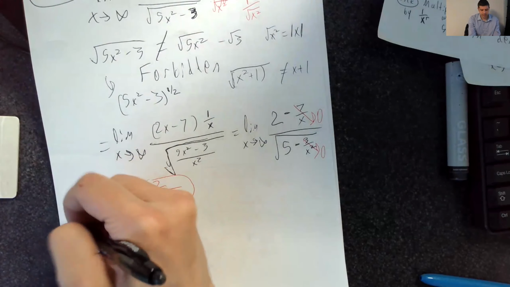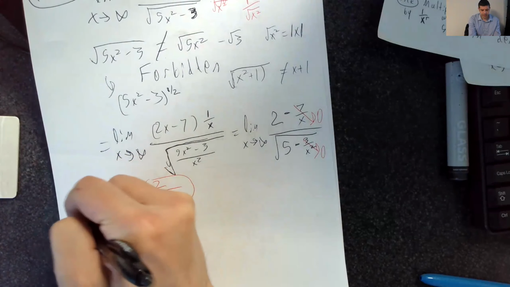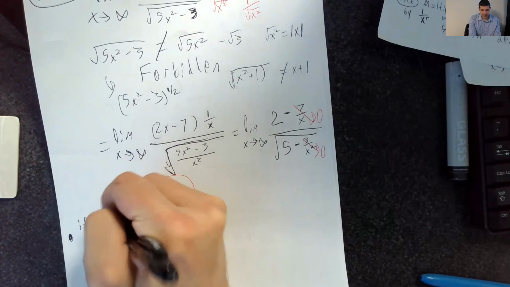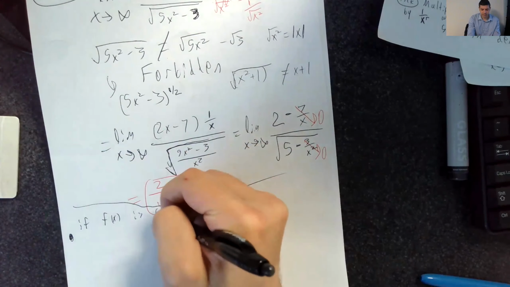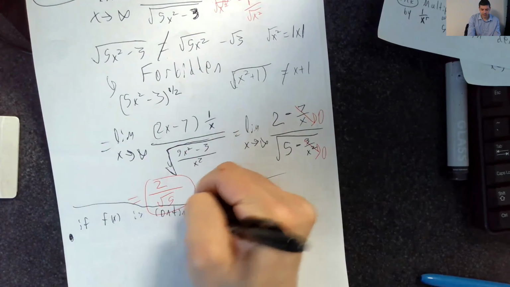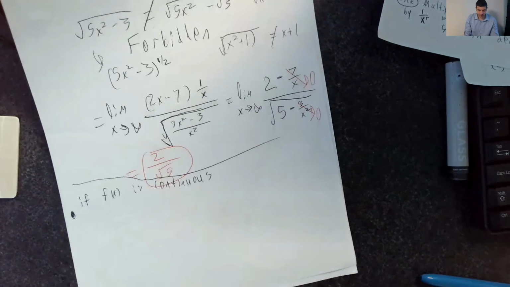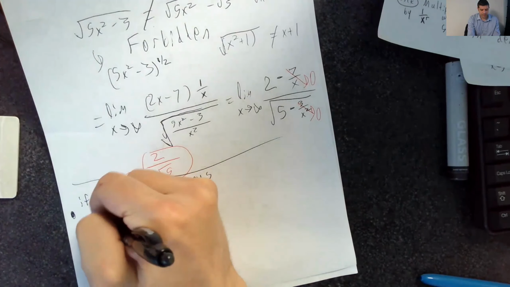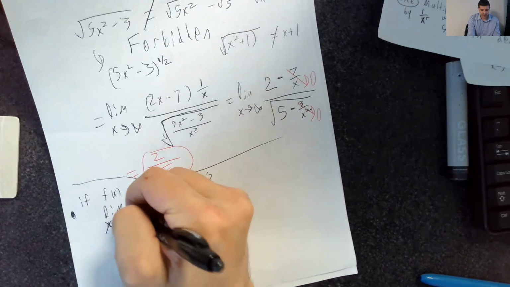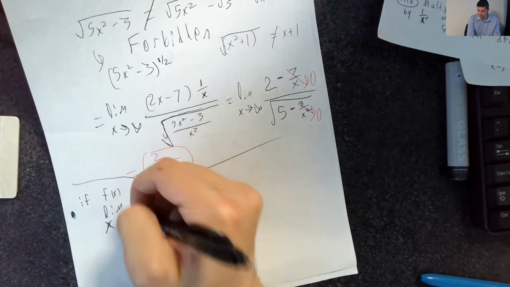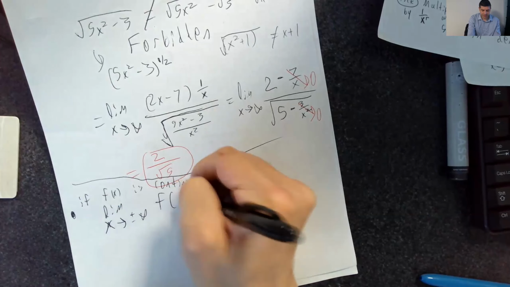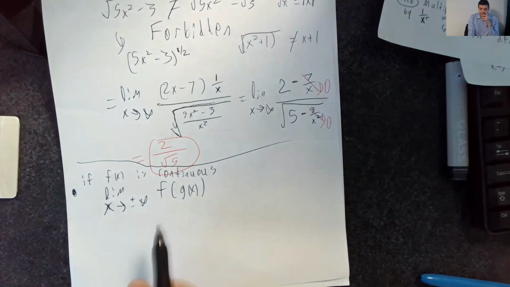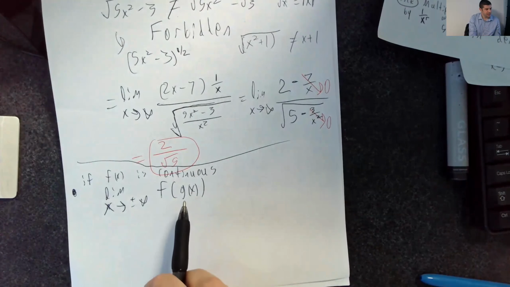Okay, if f of x is continuous, here's a little trick that you guys could use. If you're doing the limit of a composition, x going to positive or negative infinity of f of g of x, you guys will see some oddball questions like this.